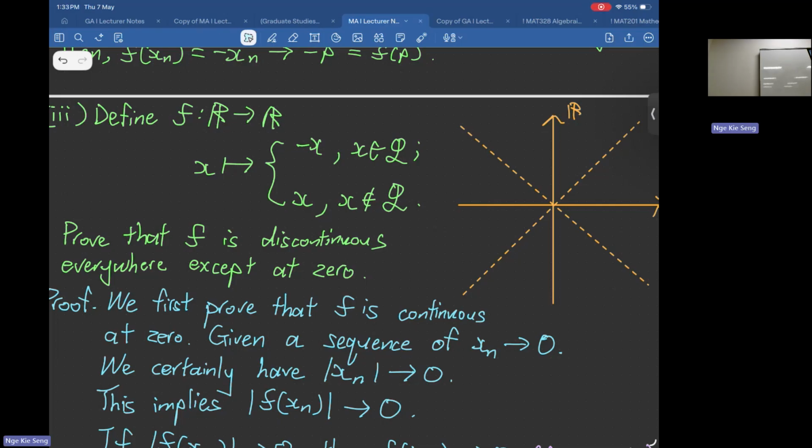If x is rational, then we have a sequence of irrational numbers. You need to apply the function to the sequence that approaches the point, but then f(x_n) doesn't approach f of the point.